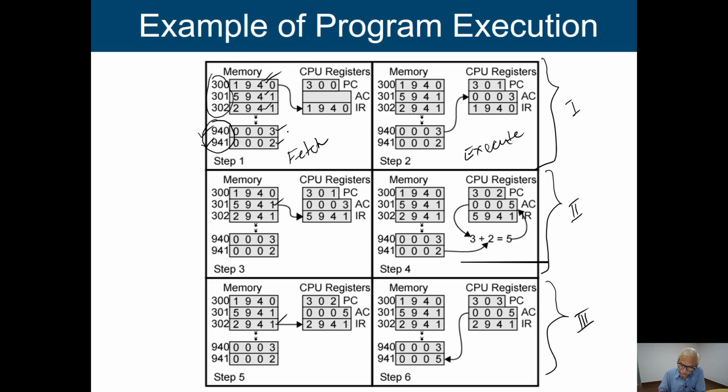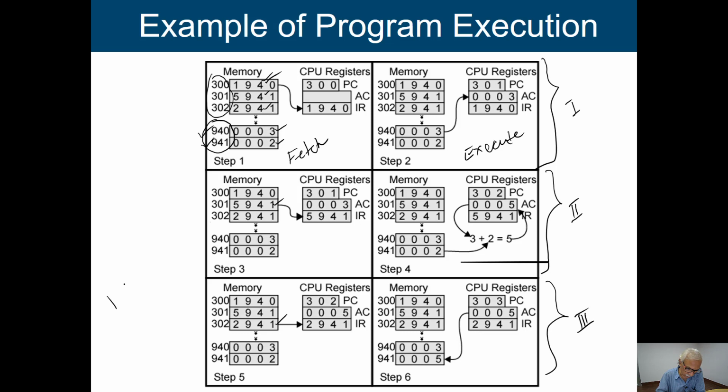So in these 3 instructions, what will happen? We will see that the information of these 2 memory locations, 940 and 941, is treated as data for this particular program code. Why have I interpreted it like that? What is the content of memory location 300?